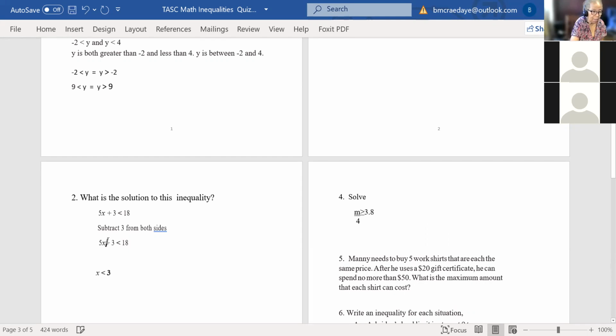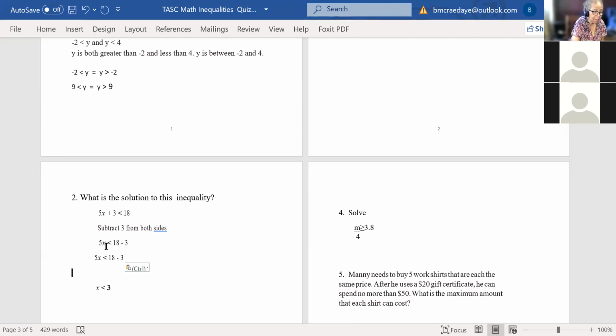And you subtracted the 3 here, Maureen, right? Yes. So minus 3. So 5x is going to be less than what? 15. Following, Maureen? Yeah. 5x less than 15, because 18 minus 3 is 15.